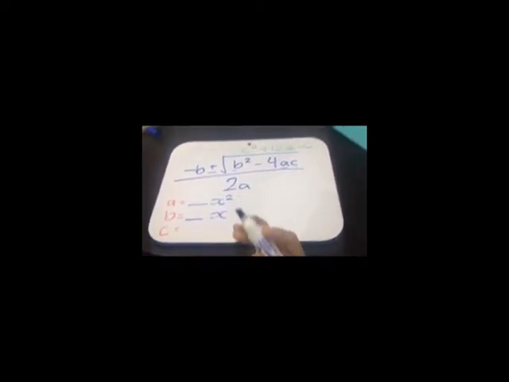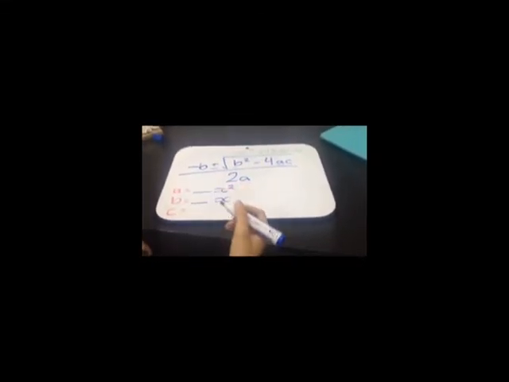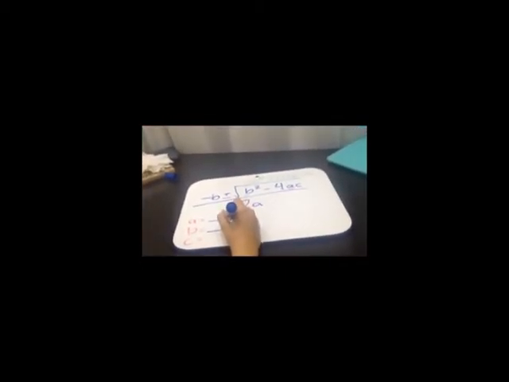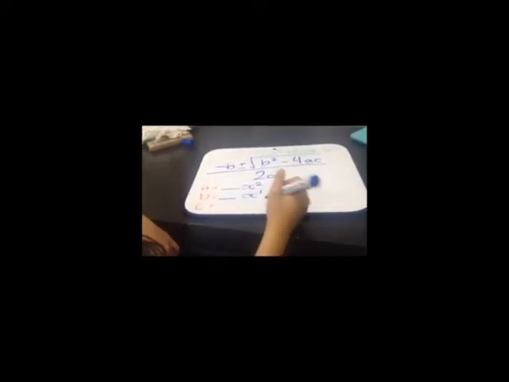These are identified because letter a will be changed by the number that in the equation has the variable squared. B is when it's only the variable elevated to 1, and C is the one that has no variable.